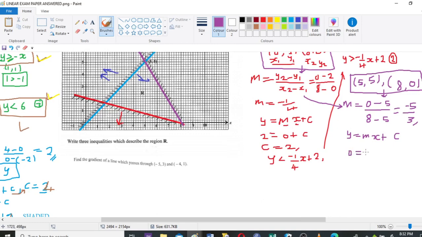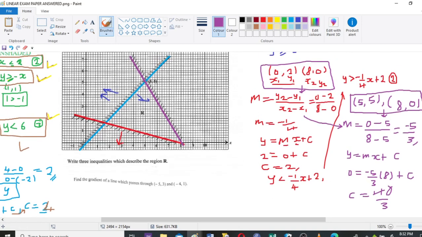Our gradient is negative 5 over 3, where our x value is 8, plus C. So solving this, you see that our value of C will be 40 over 3, right?